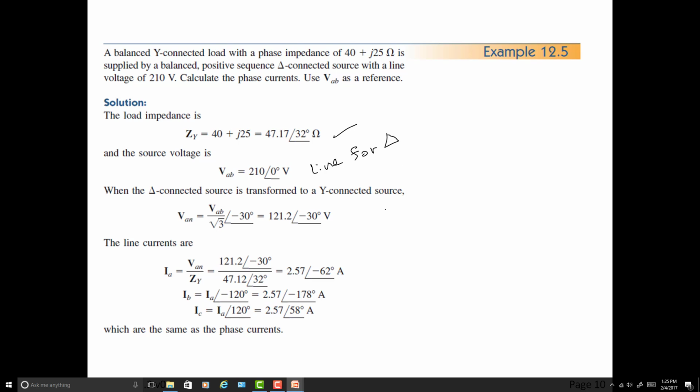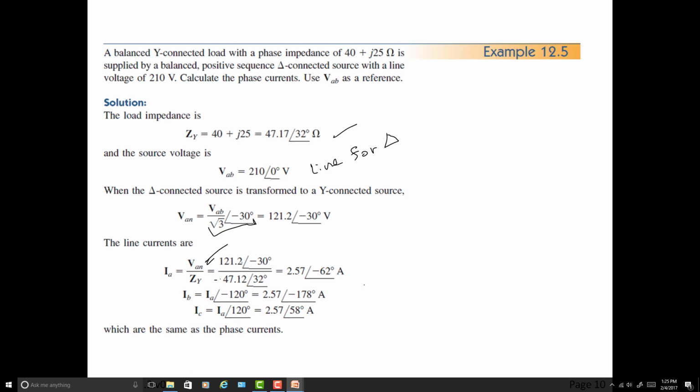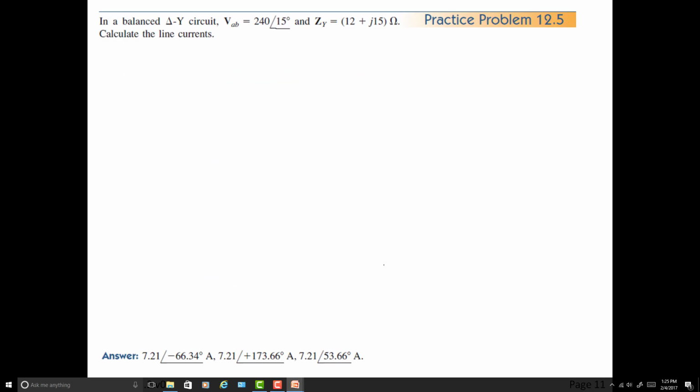And when the delta is transformed, we just did that. Here is that simple transformation. This is not a bad way to approach this, so I think about remembering that. And then you have the simple equation here, right? And it's just follow through the math at that point. So that's a good thing to be doing.